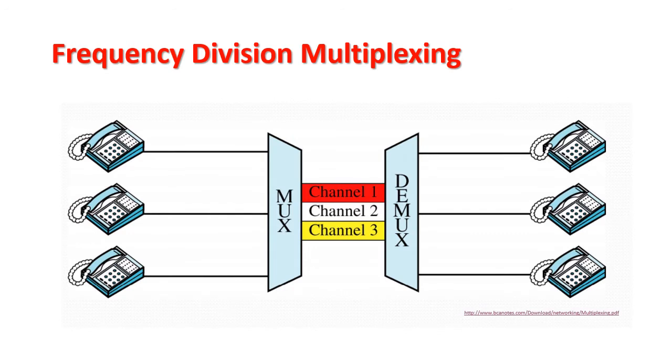This is an illustration for frequency division multiplexing. We have three pairs of telephones, with each pair communicating with each other. A single path can be used, which is divided into channels 1, 2, and 3, but a multiplexer is needed to actually separate the frequencies of the three telephone wires.